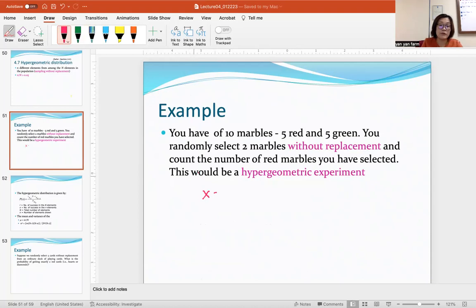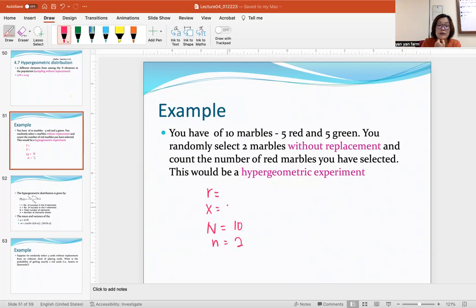Okay. We do it like this. Our r is the number of successes in the big population. Our x is the number of successes in the n elements. Big N is the total number of elements. Total is 10 marbles. Small n is the number of elements drawn, which is 2 marbles.